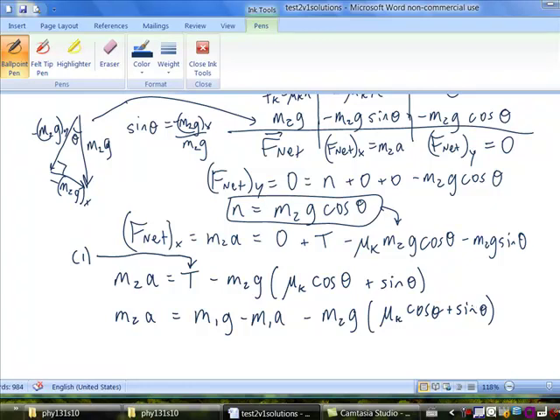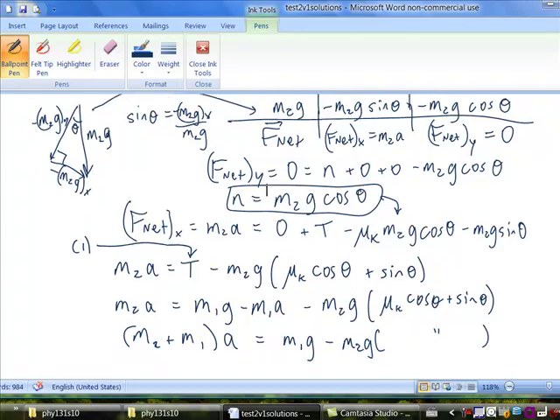And next we just solve for a, so m2 plus m1 times a, I've collected like terms of a on this one side, is equal to m1g minus m2g times ditto, same thing.